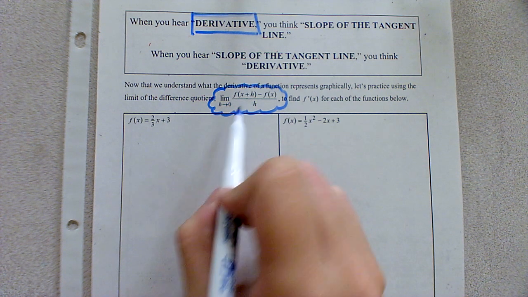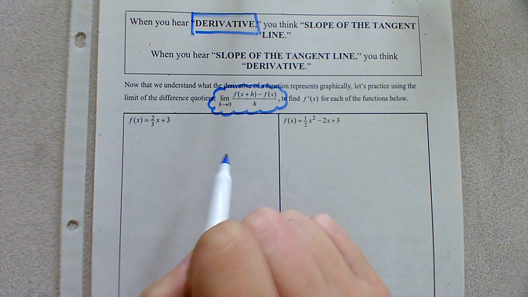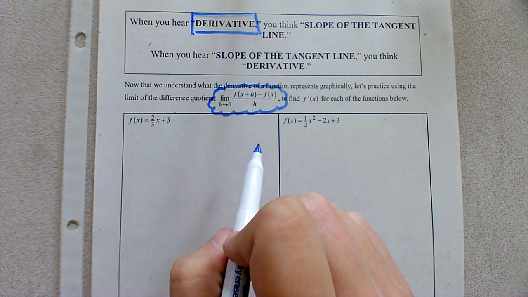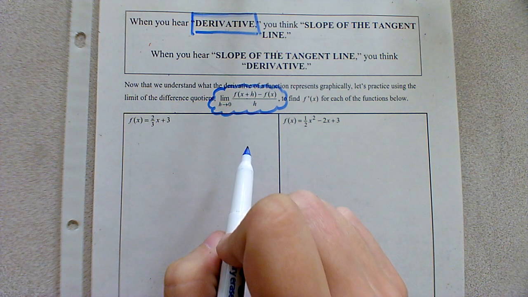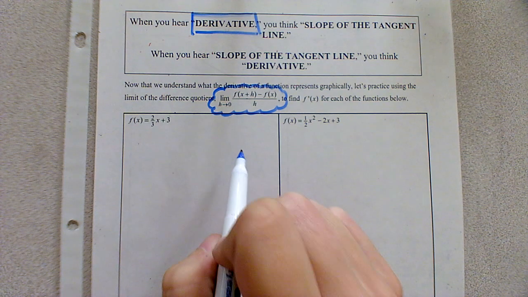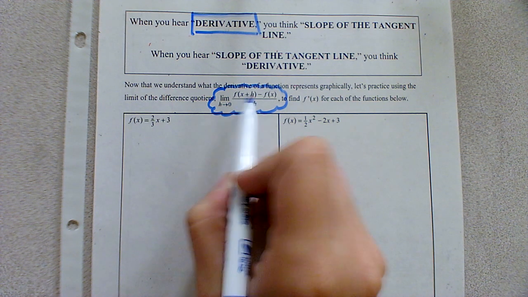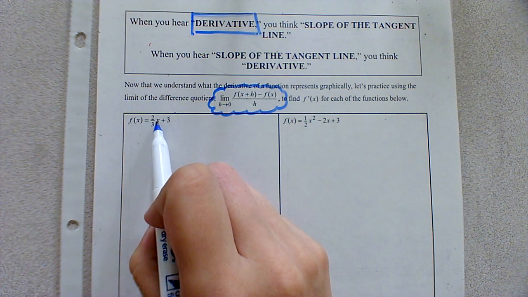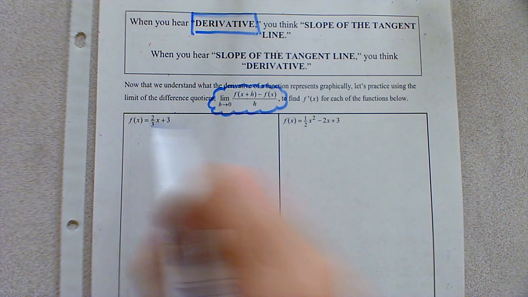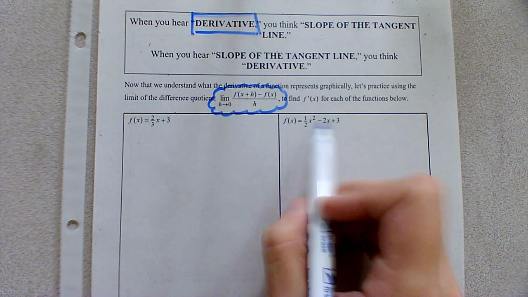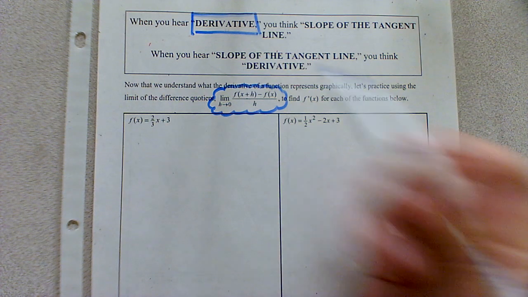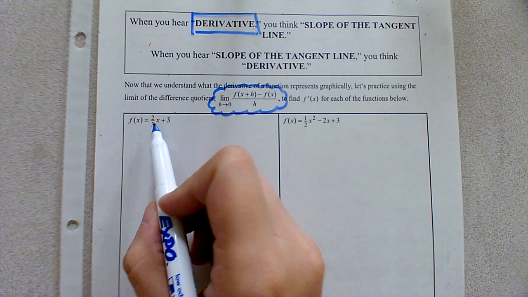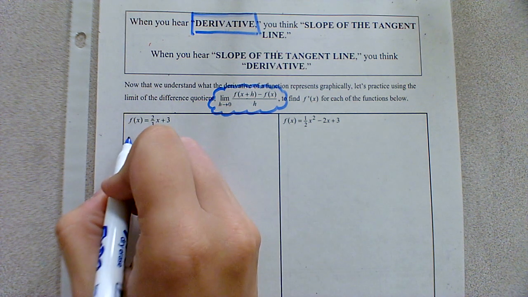So this x plus h is just representing an input value, just like if you would have f of 3, you would plug in 3 for all the x's. But this notation is telling us to take x plus h and plug it in for all the x's in the equation. Maybe you only have 1, sometimes you'll have 2, maybe you have more. But the idea is we're going to take x plus h and plug it in for every x.